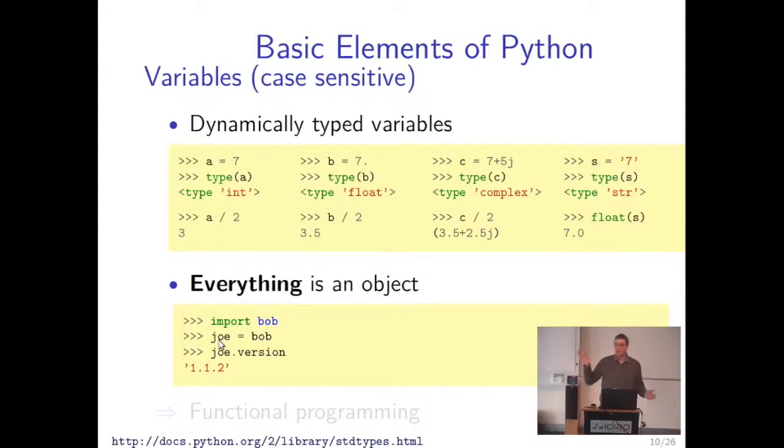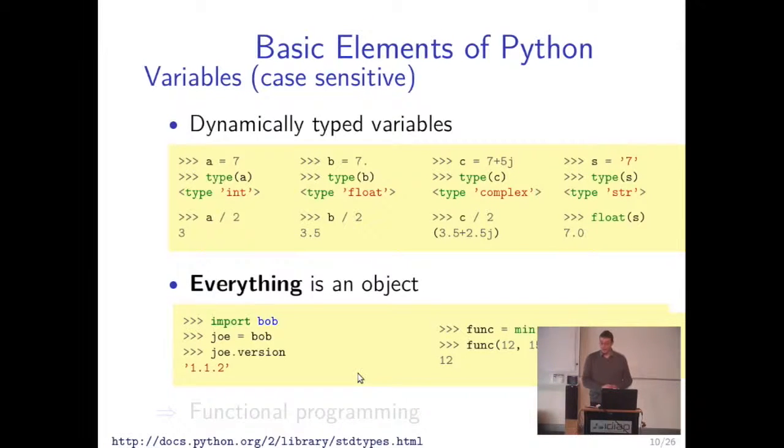We say Joe equals Bob, and now you can use Joe in the same way you would use Bob. For example, Bob has a member called version, so you can say bob.version or joe.version and you will get the version of Bob. We will use this later when we have long names that we import, so that we can just make an abbreviation for that.